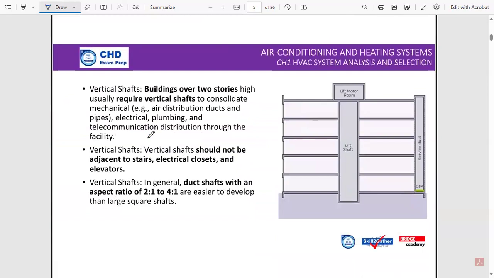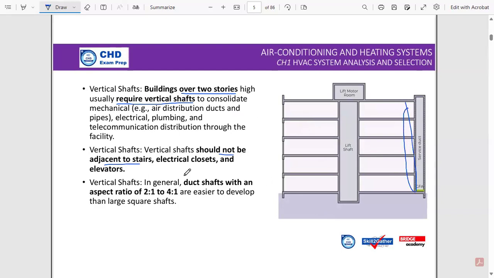Okay, the shaft of the building, the vertical shaft. If the building is over 2 stories or higher, a vertical shaft is required, dedicated only to the HVAC system. Through this, you can take your ducts, pipes, and relevant items of the HVAC system. The vertical shaft will be one from top to bottom directly. The vertical shaft should not be adjacent to stairs. It should be separated from stairs. Stairs should not be close to the vertical shaft.